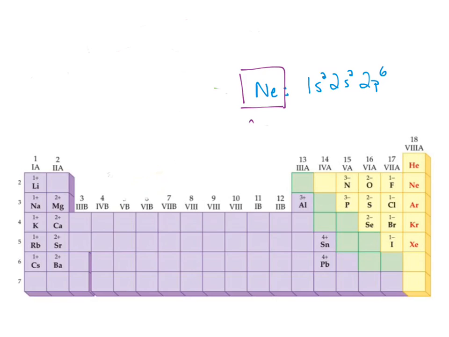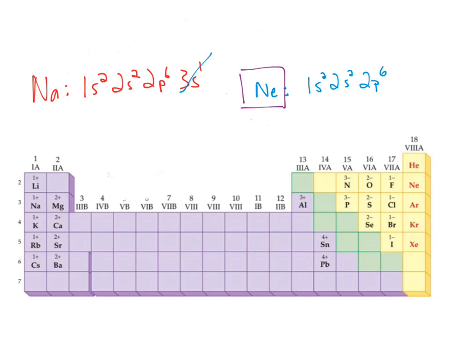So that explains the rightmost part of the periodic table, but what about the leftmost part of the periodic table? What if we were sodium? 1s2, 2s2, 2p6, 3s2, 3s1. What can it do?